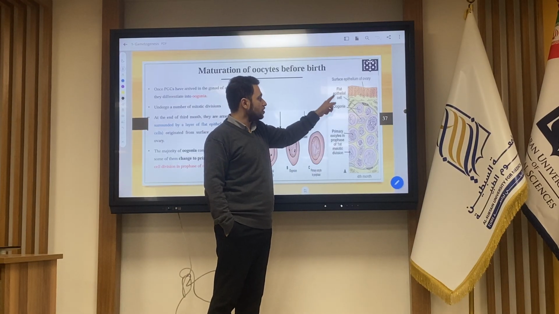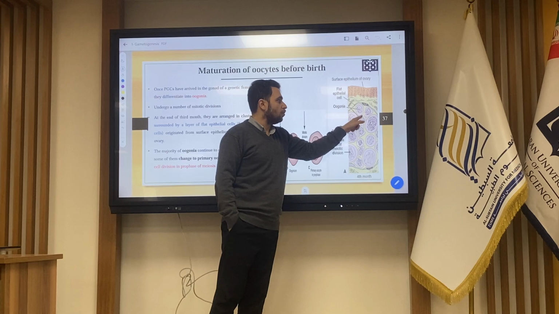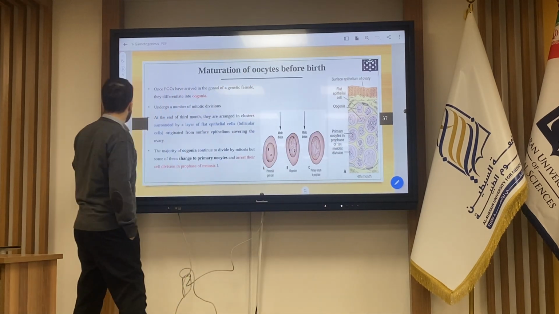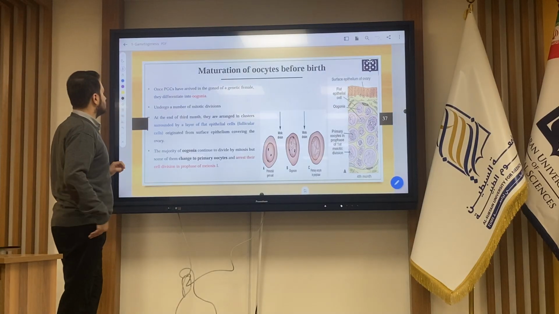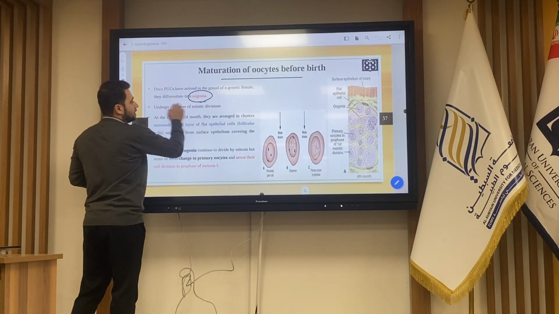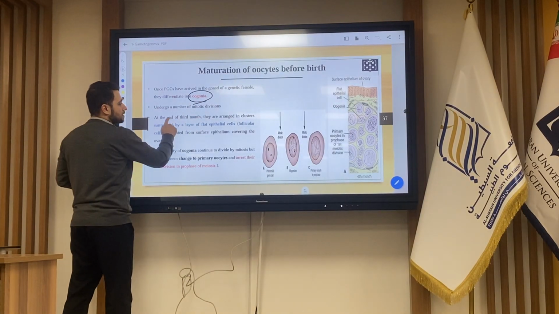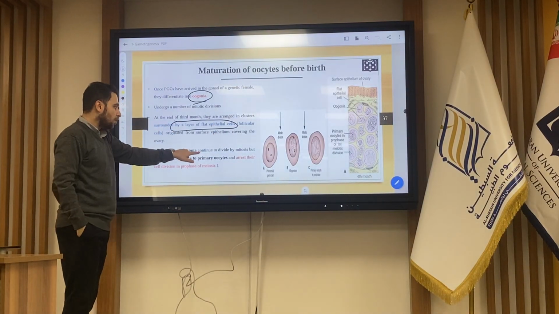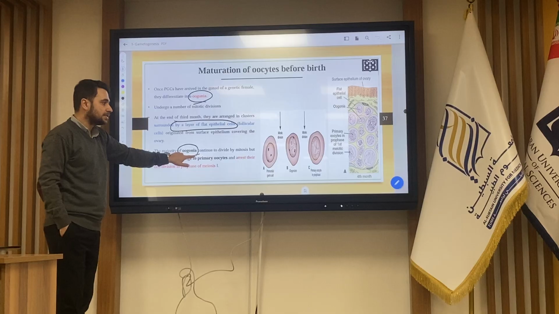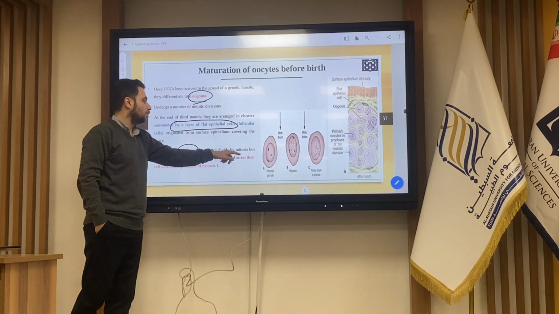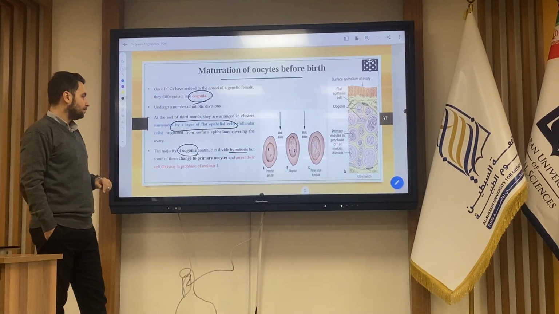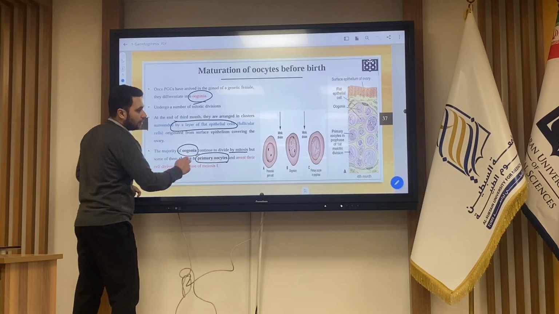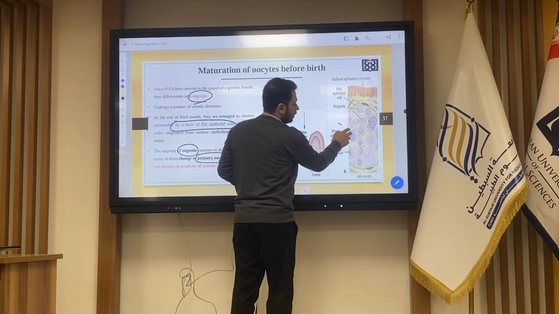At the mitotic divisions, we are making the oogonia, and this oogonia is surrounded by the flat epithelial cells. So the oogonia is made, and they are surrounded by the epithelial cells. And this oogonia is also starting the mitosis. And what happened? We have primary oocyte, this one.